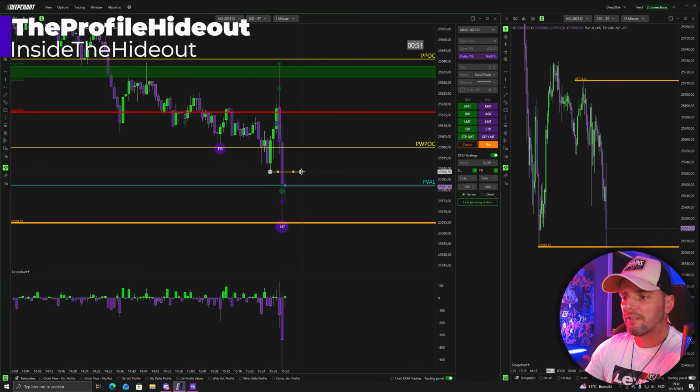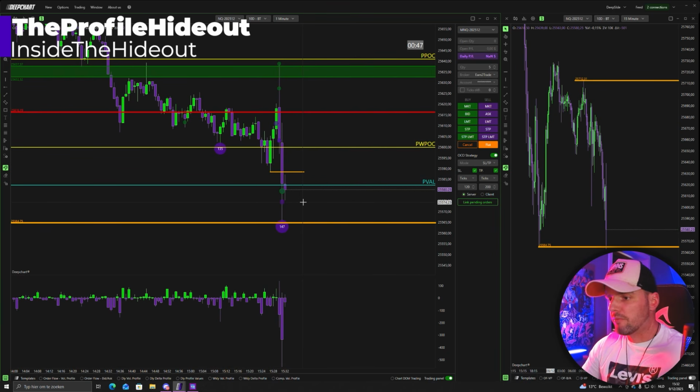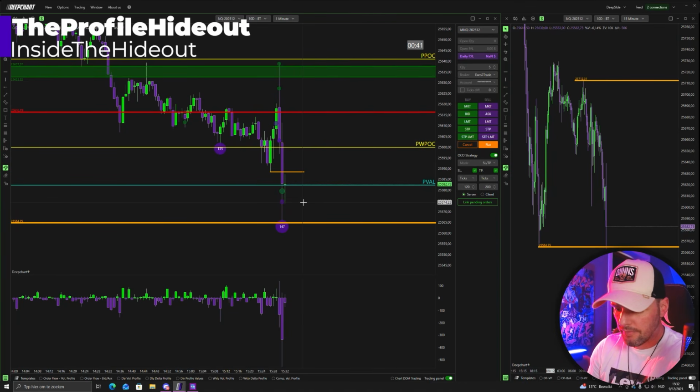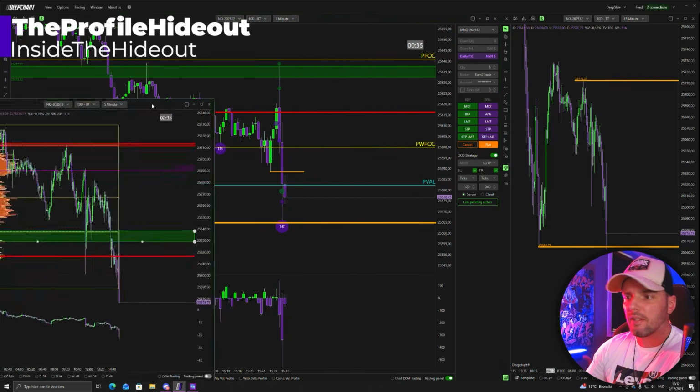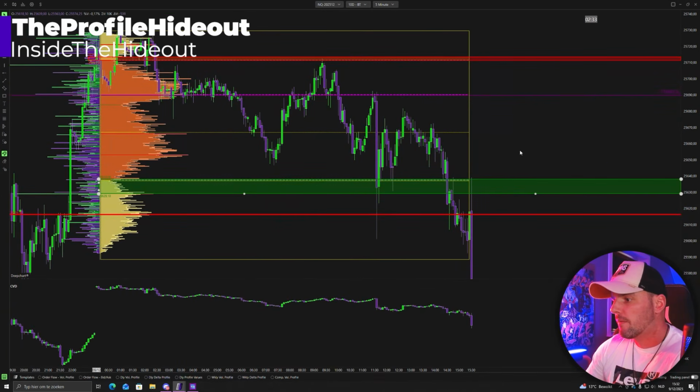Where I would be starting to look for longs. I just want price to give me some more confirmation. This is still too hot to touch. Wait until I see something clear on the order flow.